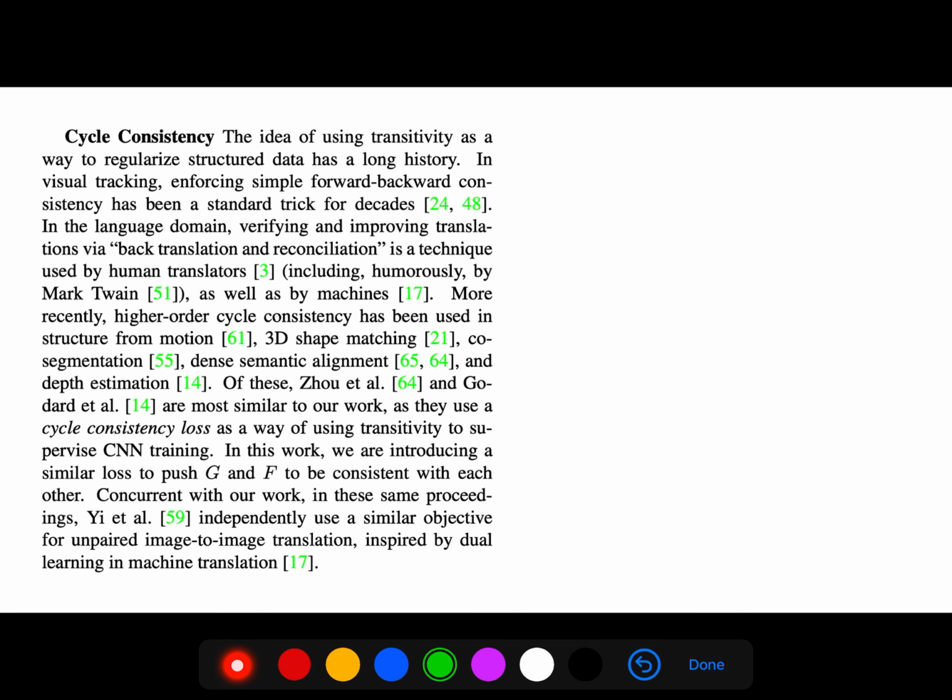So the idea of using transitivity as a way to regularize structured data has a long history. In visual tracking, enforcing simple forward-backward consistency has been a standard trick for decades. In the language domain, verifying and improving translation via back translation and reconciliation is a technique used by human translators.